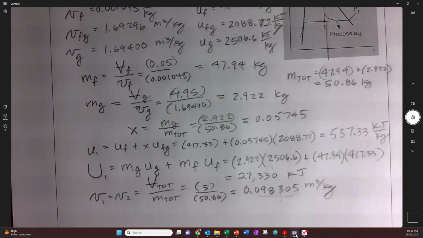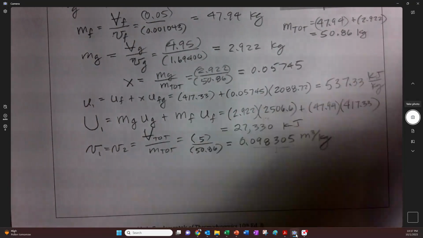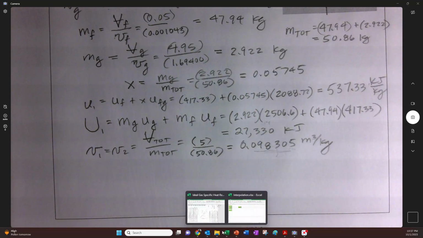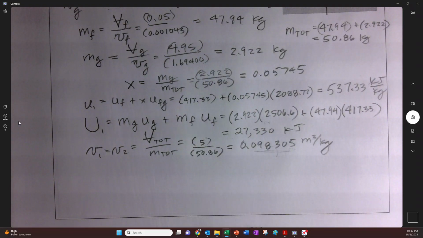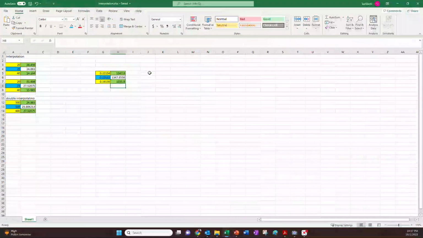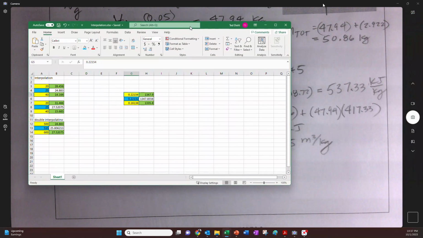So to save time, because we have interpolated a lot and we know that we're capable of doing it, I also have a little interpolation tool that I made for myself in Excel, so that I could just put the values into this right here. And then this over here is my double interpolation, but this is just a random generating one. I'll demonstrate it for you.